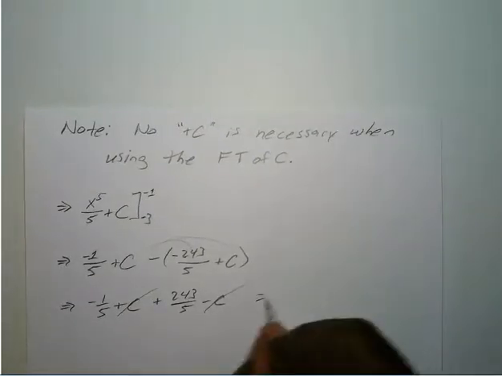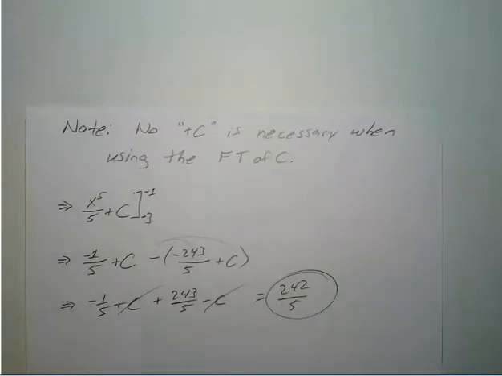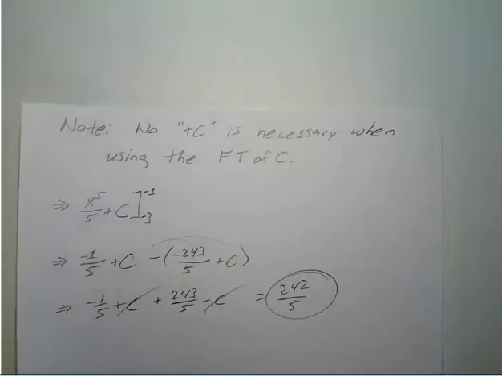You end up with 242 over 5 no matter what. Since we know they're going to cancel each other out, just don't add it. I mean, you can, but it's just a little extra work for you. If you are still writing this, feel free to press pause, but we're going to move on to our next example.